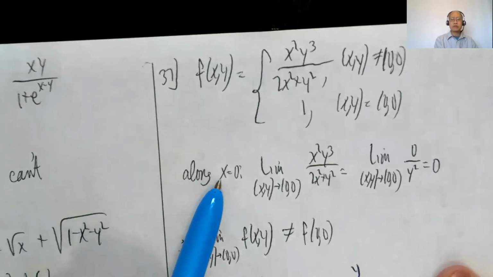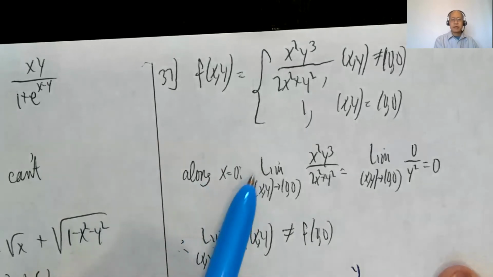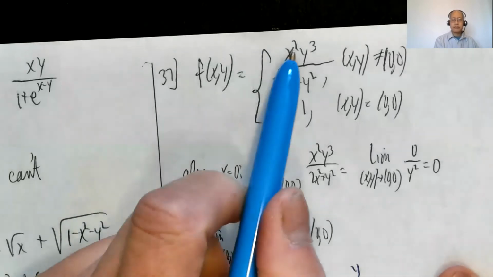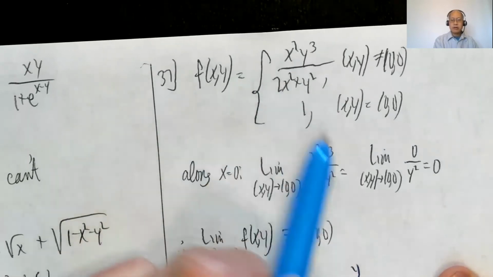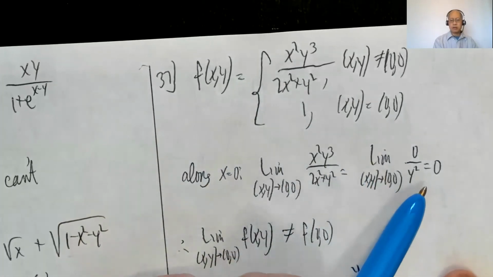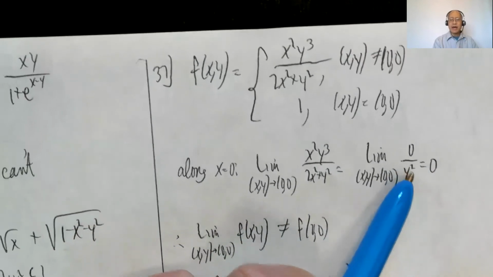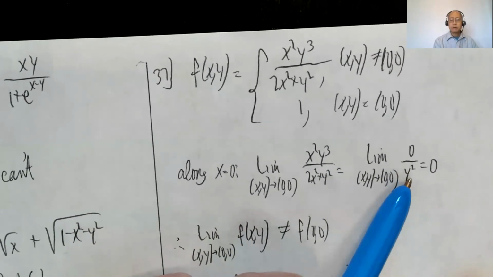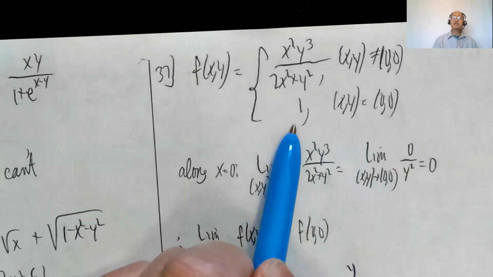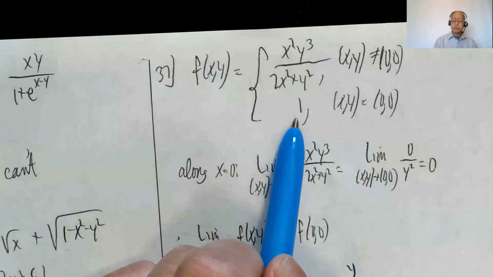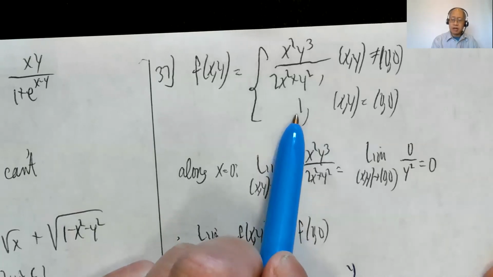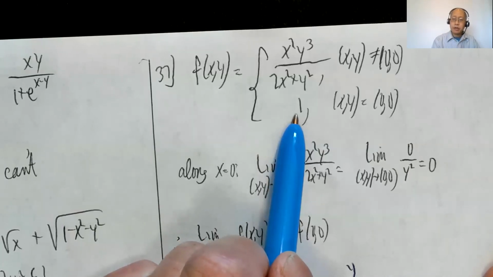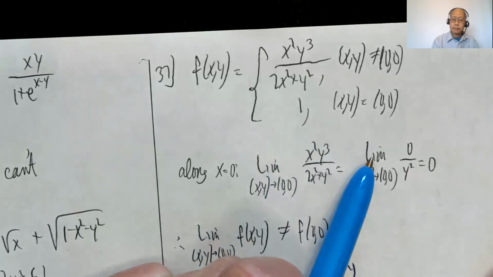If I come along x equals 0, then the limit as x, y approaches 0, 0 of this expression becomes, put a 0 here and a 0 here, you get 0 over y squared, which is 0. So I found a path where the limit is 0, but the function value is 1. In other words, the limit, which I don't even know if it exists, isn't going to be 1, a requirement for continuity.